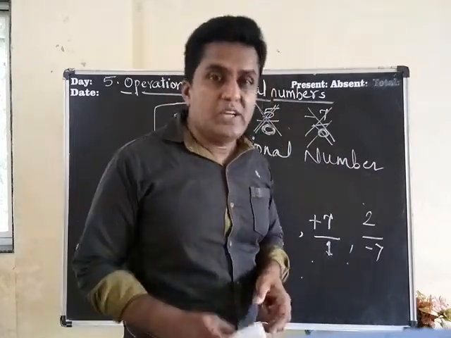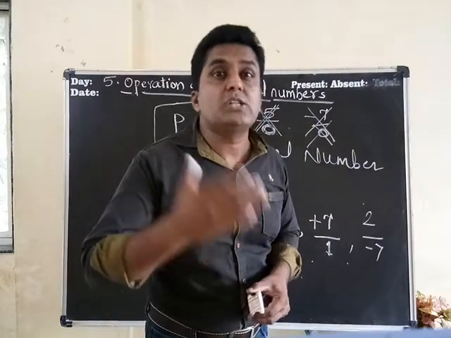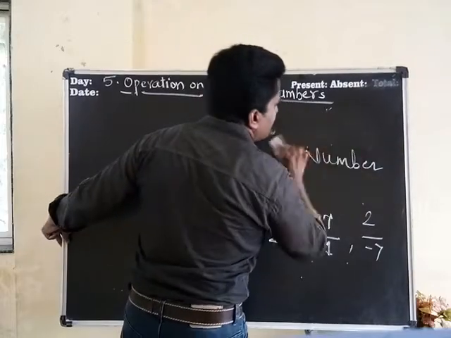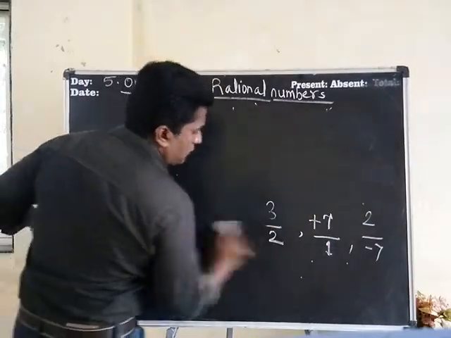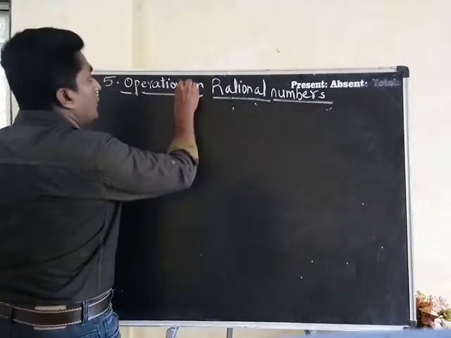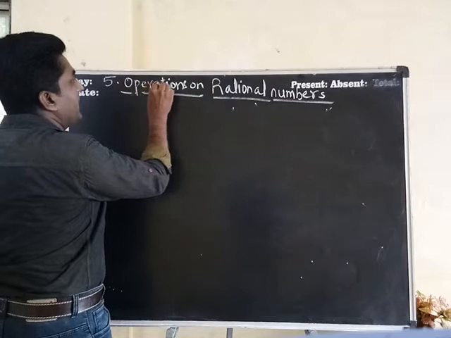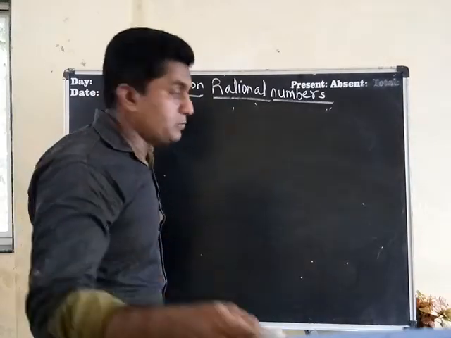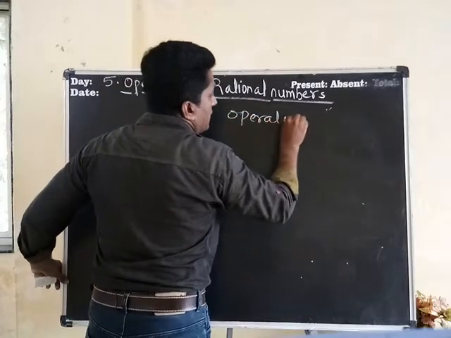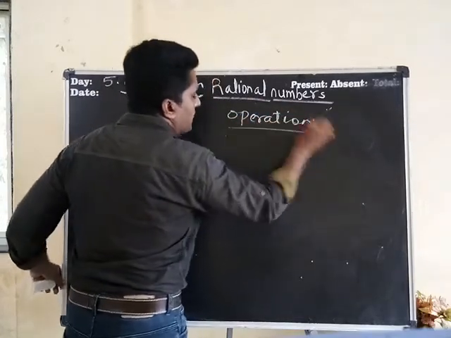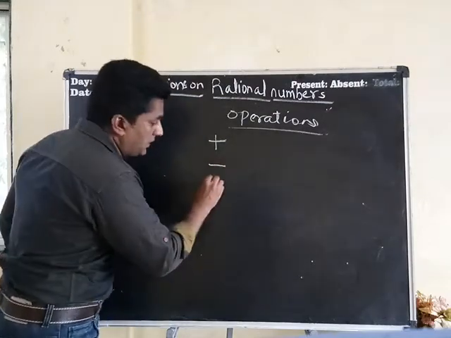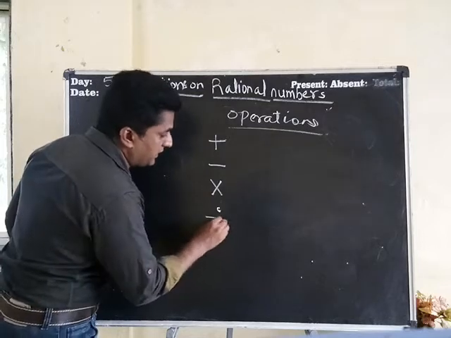Now today we are going to discuss operations on rational numbers. So see children, exactly what is the meaning of operations? So this is one question first. What does the word operations mean? Operations, O-P-E-R-A-T-I-O-N-S. The meaning of operations in maths is addition, subtraction, multiplication and division.